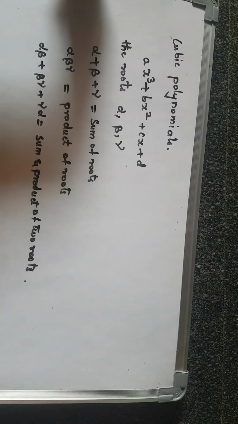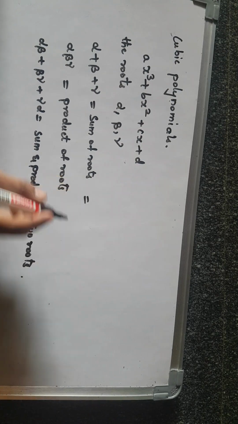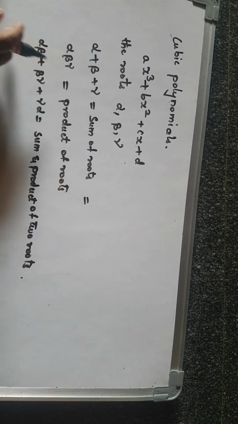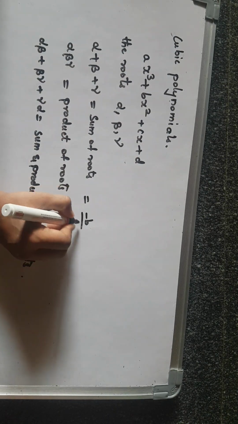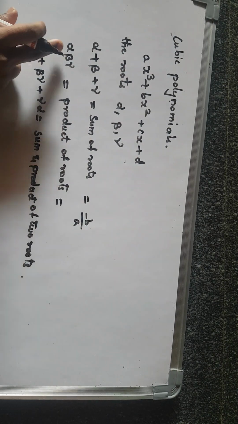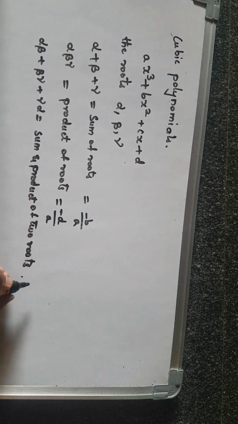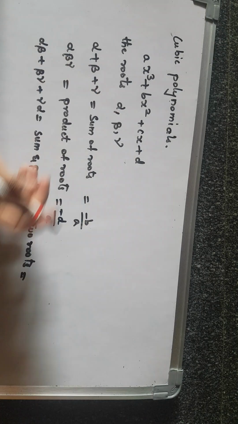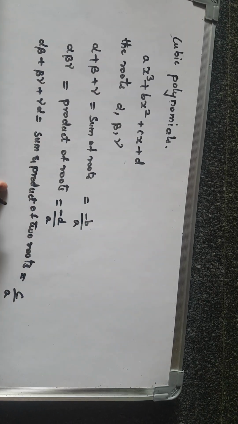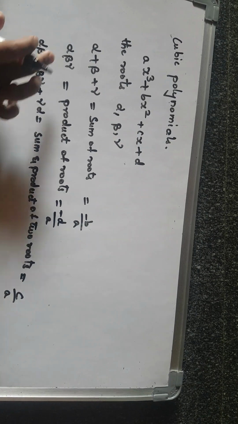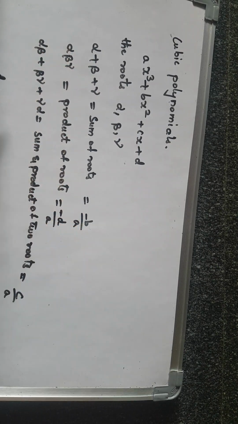Okay, by using the coefficient method, the sum becomes minus b by a, the product becomes minus d by a, and the sum of products of two roots becomes c by a. Multiplication is minus d by a, and addition is minus b by a.